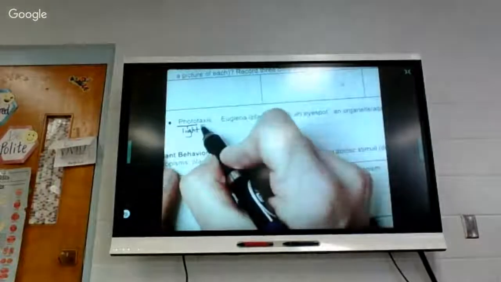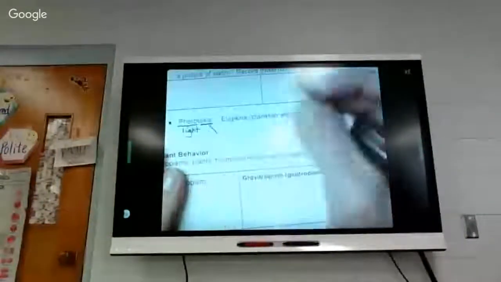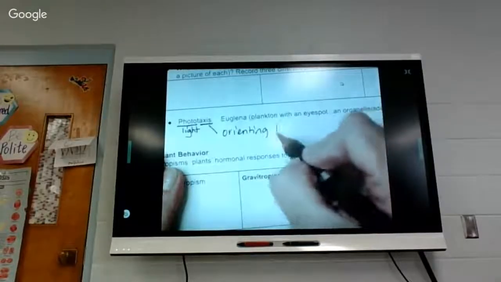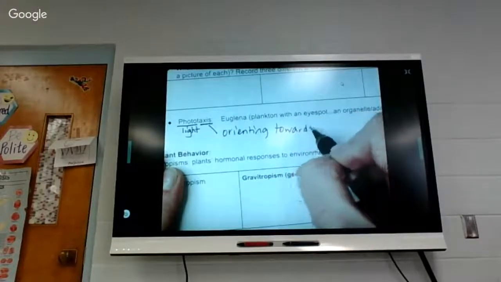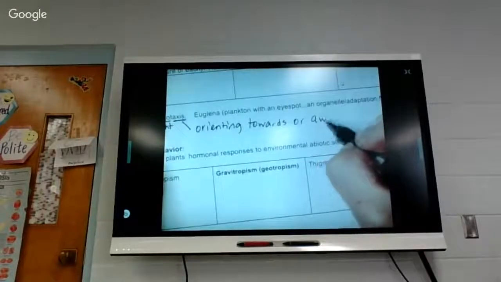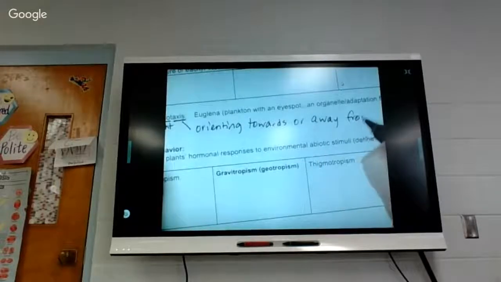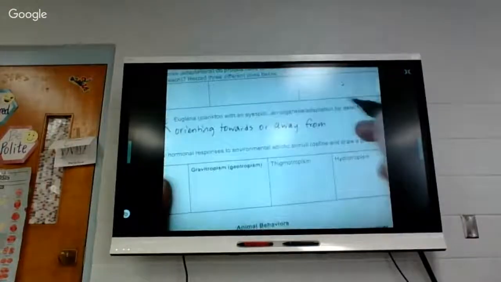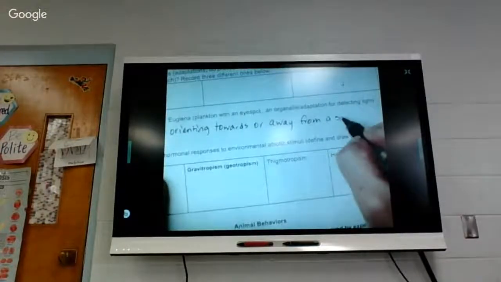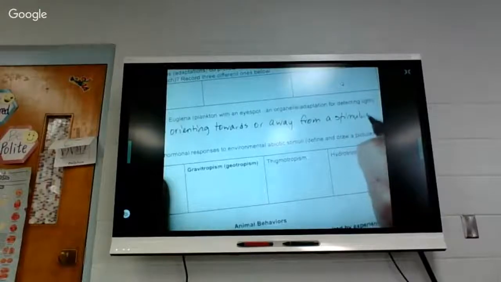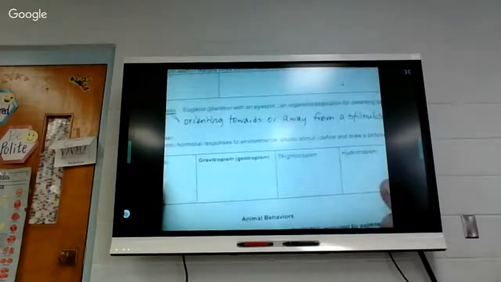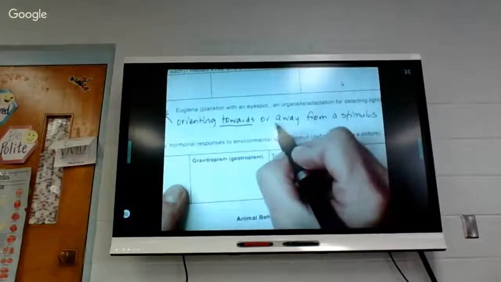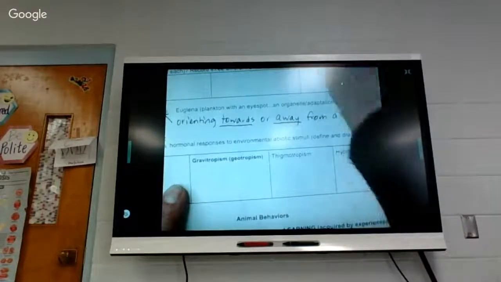But taxis, in terms of movement, is actually orienting towards or away from a stimulus, an environmental stimulus. Okay, so if we're going towards something, it's going to be one type, and if we're going away from something, it's going to be the other type.